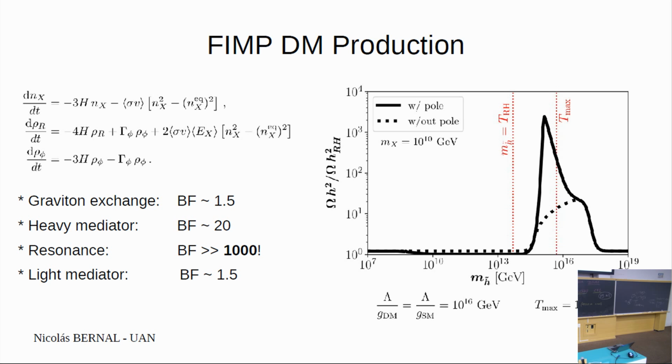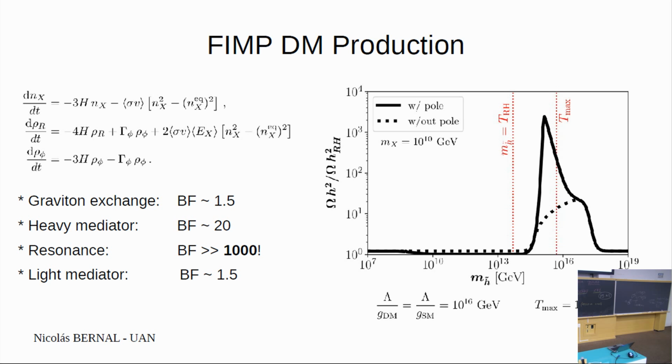Here I'm showing you this plot for the four cases: for the case where the mediator is light, for the resonance, for the case where the mediator is heavy, and for the case where it's mediated by the graviton. When you have a very light mediator, the boost factor is order 1. That means that the bulk of the dark matter is produced at T reheating.